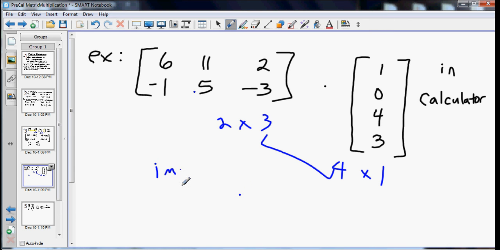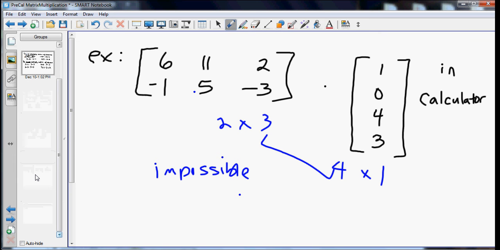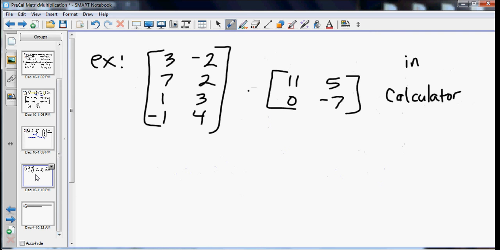So in your calculator, if you look right above here, it says matrix.